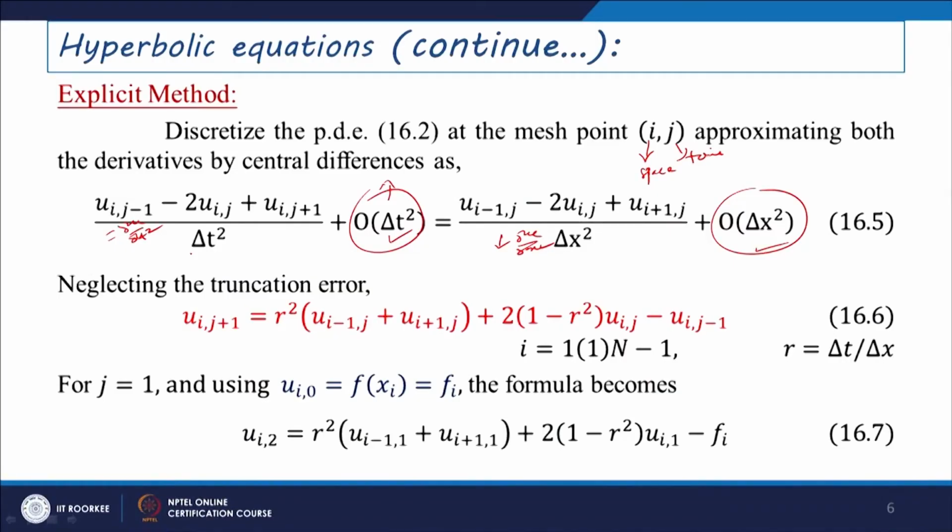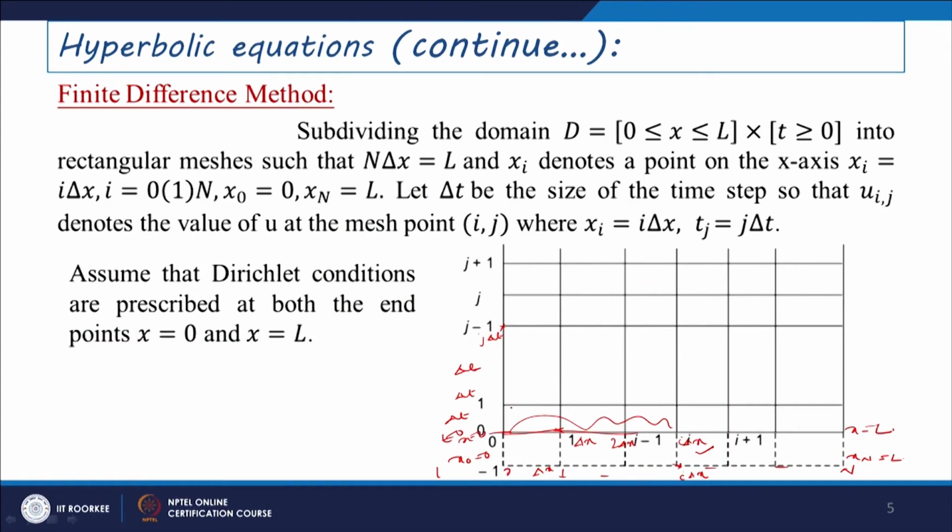in a linear form as u_{i,j+1}, since we want to find the next step value. At j equals 0, these values are known from the initial conditions, then we have to proceed step by step to get all the unknown values.